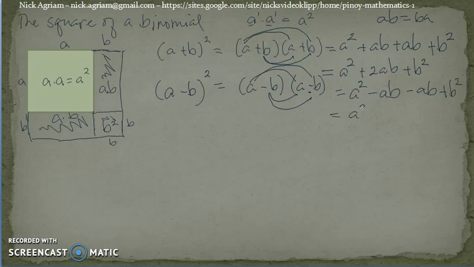Simplify that, then we have A squared minus 2AB plus B squared.